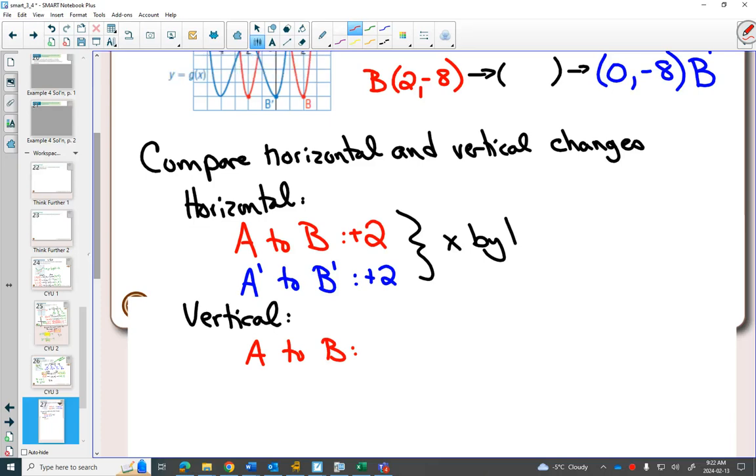So looking on my graph, if I go to point A and I go down to point B, my vertical change is going down 16 units. And on my blue graph, going from A prime to B prime is going down 8 units. In order to get from negative 16 to negative 8, your y values would have had to been multiplied by 1/2.